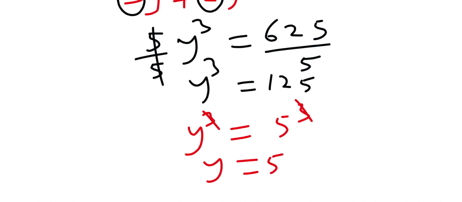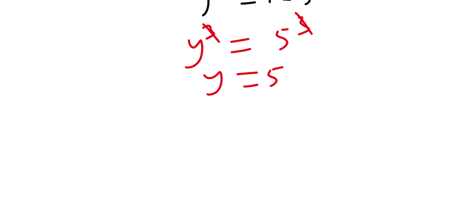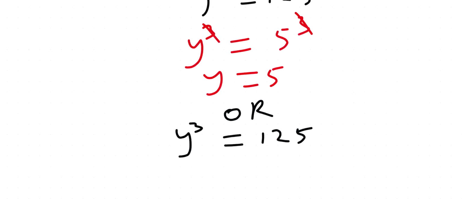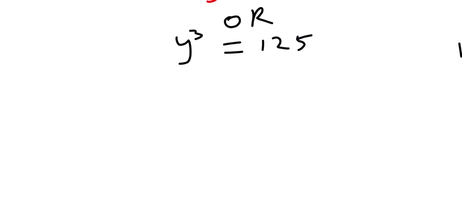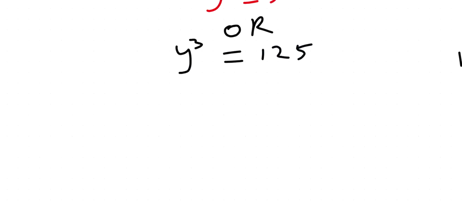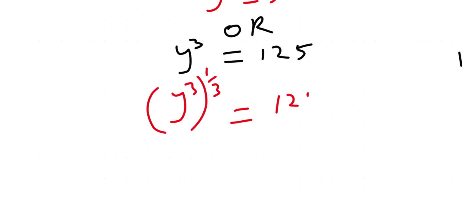Or you use the root form I just taught you. Or you can use the other one, y raised to power 3 is equal to 125. What can I do to cancel the power? Multiply by its inverse. What is the inverse of 3? 1 over 3, or reciprocal. That will be y raised to power 3 times 1 over 3 is equal to 125 raised to power 1 over 3. And from here, this 3 will cancel this 3.